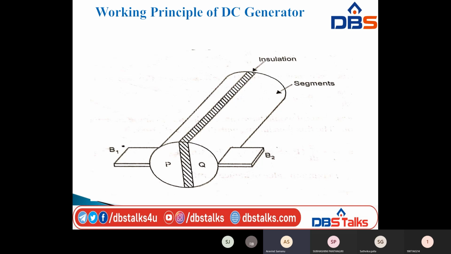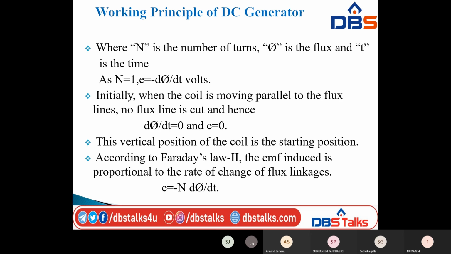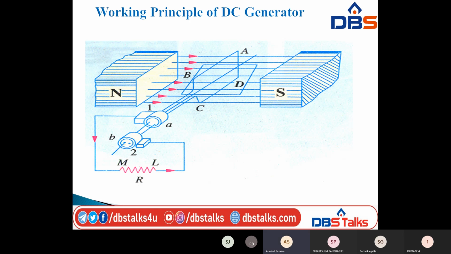And again, if the coil sides are connected to two slip rings, A and B, and an external resistance R connected across them, a current flows through the resistor.